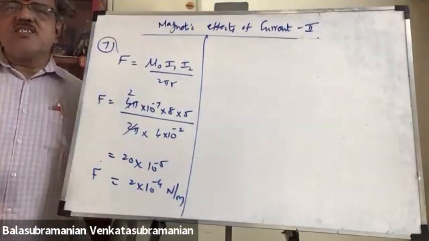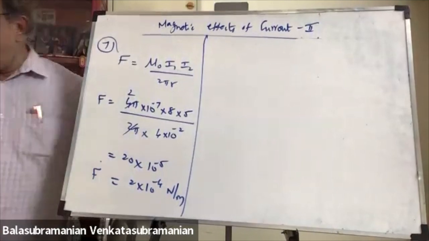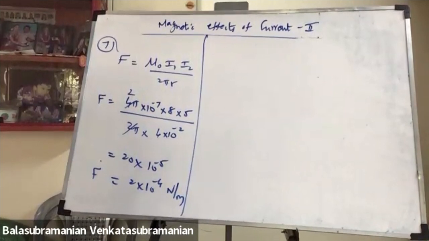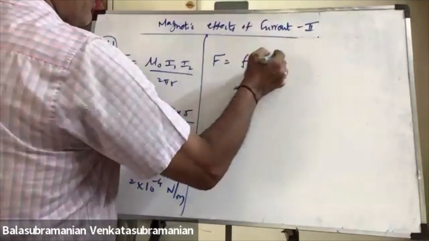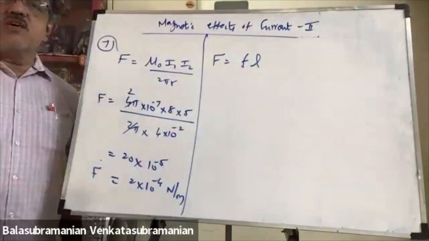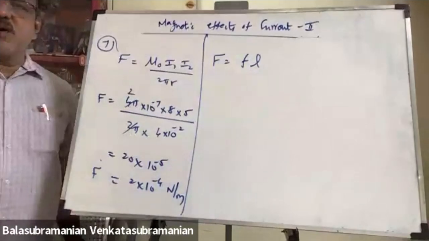But the question is, what is the force experienced for a 10 centimeter section of the wire? F is equal to small f into L. Force per unit length, so for force you have to multiply by the length, that's all.